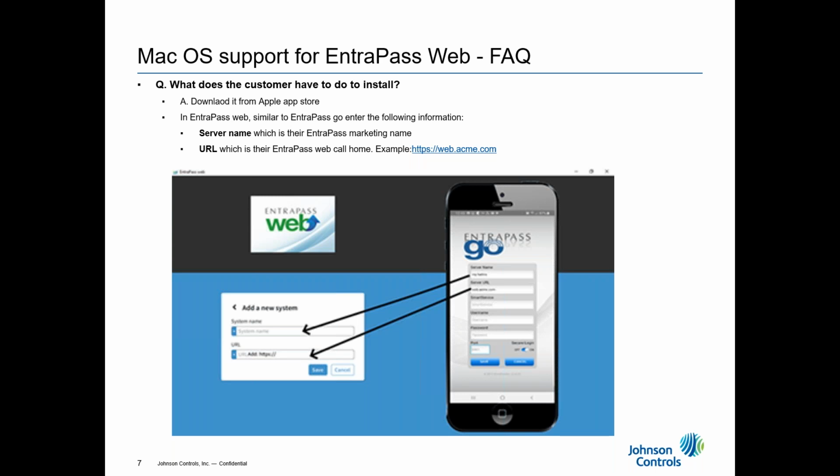Now, if you don't use EntraPass Go, it's literally the same address that you would go and get from a Windows computer. So in Windows, you go to HTTPS or http://web.acme.com, for example, or it's 192.168 address as a browser. That's the information you put also up there. So whatever browser address you put inside the system.